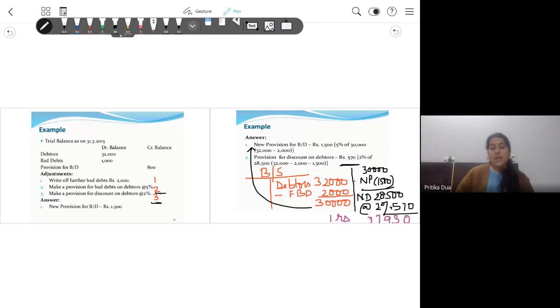और इन सब एडजस्टमेंट्स का जो सेकंड इफेक्ट है वो आपके प्रॉफिट एंड लॉस अकाउंट में डेबिट साइड पर आएगा. So that I'll show you here in the next slide.